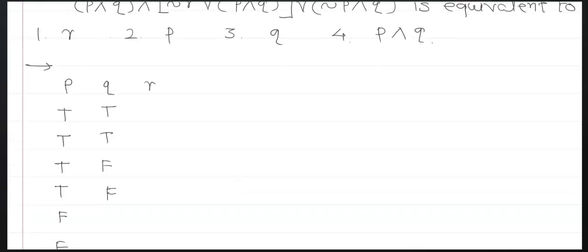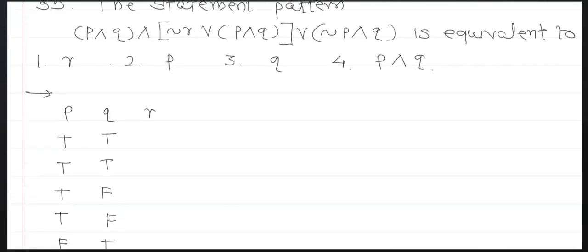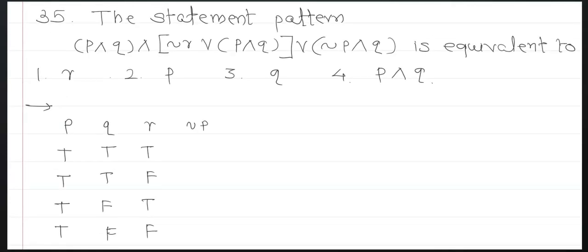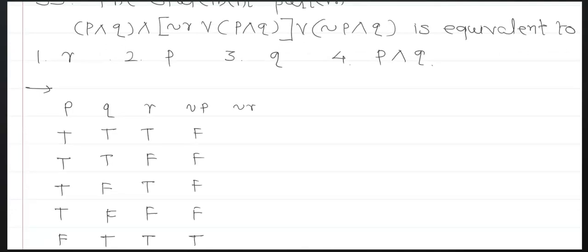Now we'll evaluate like this. There are three statements P, Q and R. For P we take 4 T and 4 F; for Q, double T, double F, double T, double F; and R is TF, TF, TF, TF, and evaluate it.